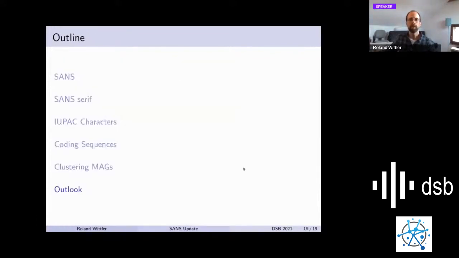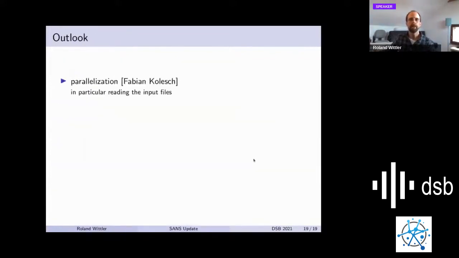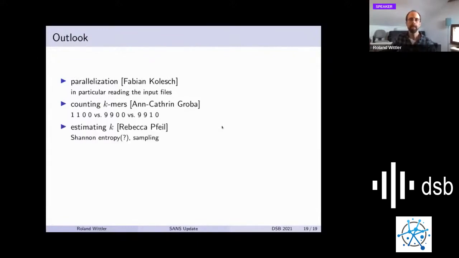So I come to a little outlook. There are further ideas we want to follow. We have another student, Fabian, who is working on multi-threading. We also want to try if it makes sense to, instead of just considering the occurrence of Kmers, switch to counting the Kmers. And well, one question always for Kmer-based methods is which value of K should we take?